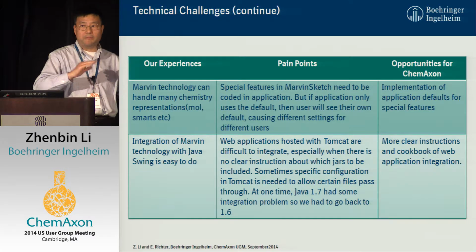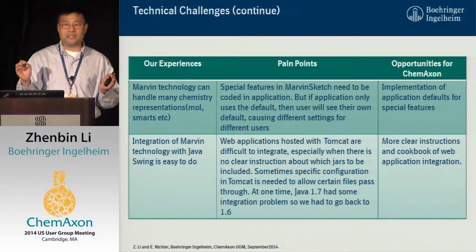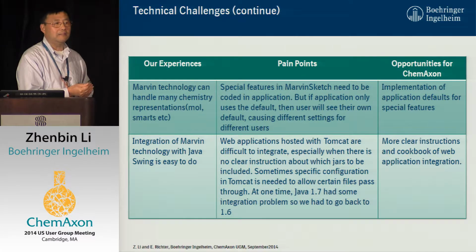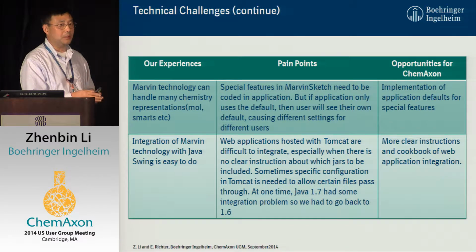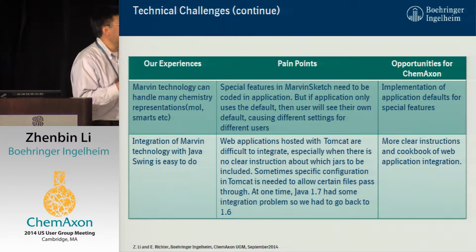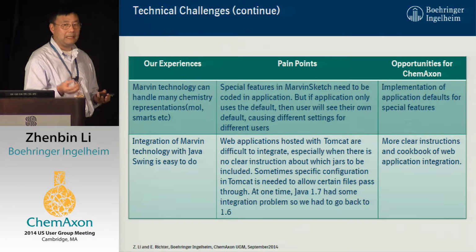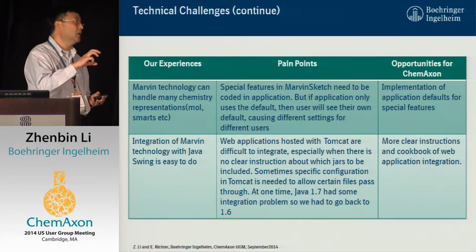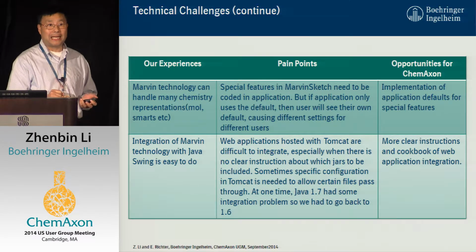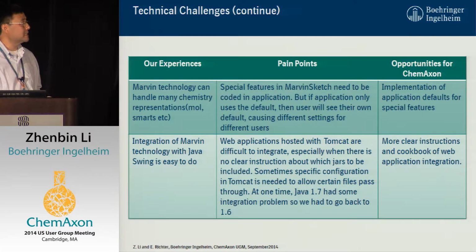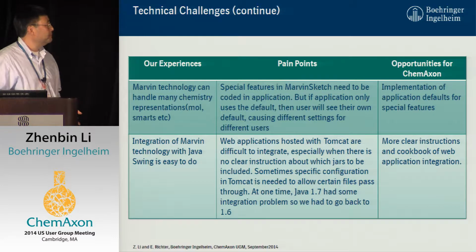Because each user may have their own differences, that makes support a little bit difficult for us. The ideal we are thinking about is whether an application can dictate what defaults the user can use. All of this we can discuss in detail.